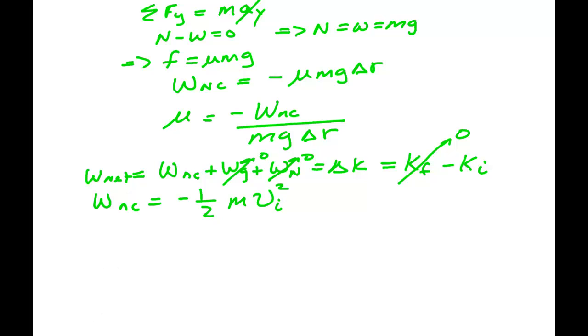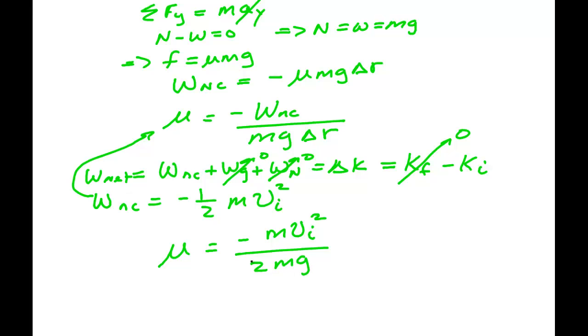So now we can plug that into this problem. Taking this and plugging it up into here, mu is equal to minus m v i squared over 2, over mg, and another minus sign out front, times delta r. The mass cancels, these minus signs cancel.